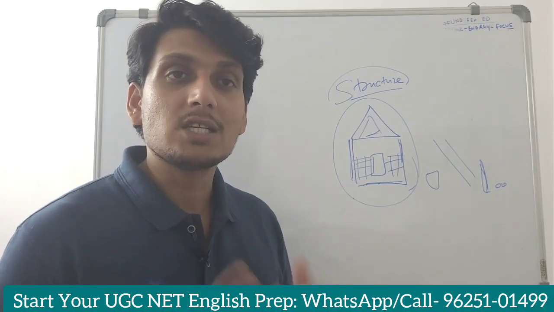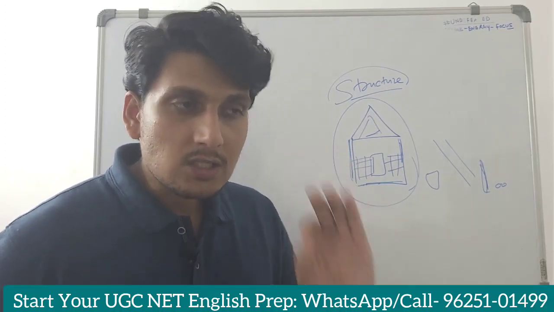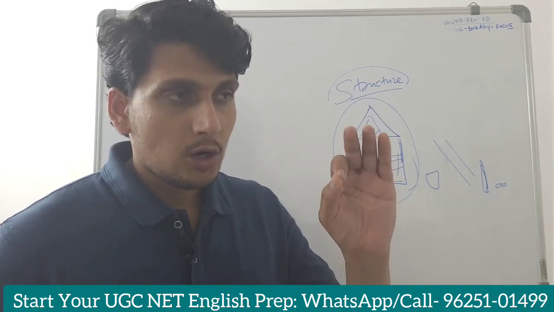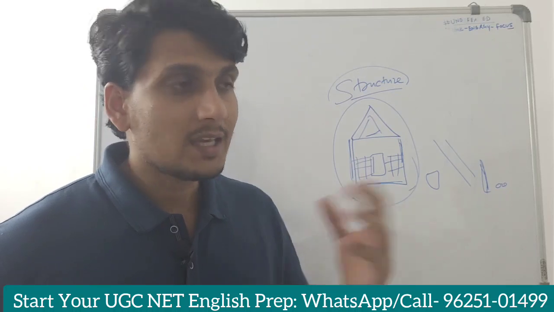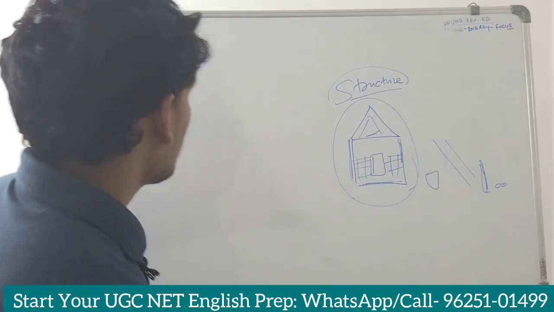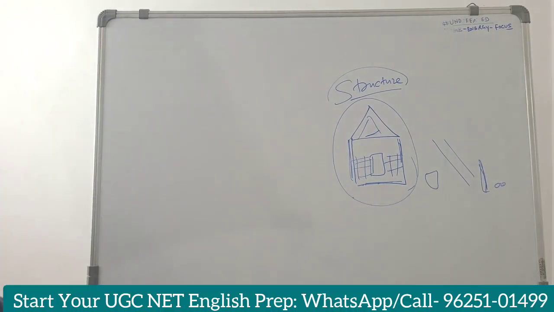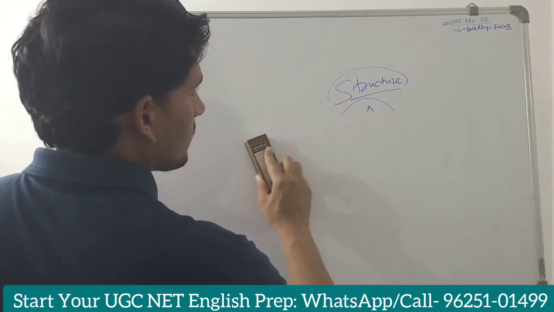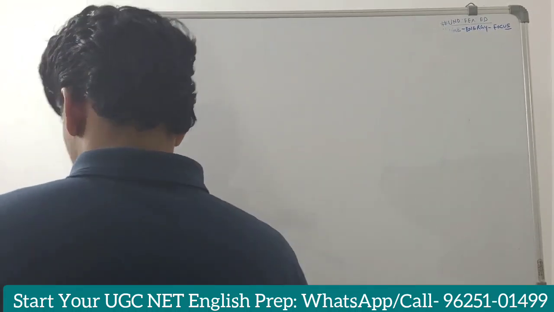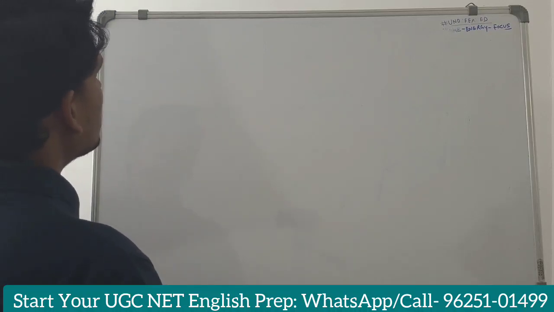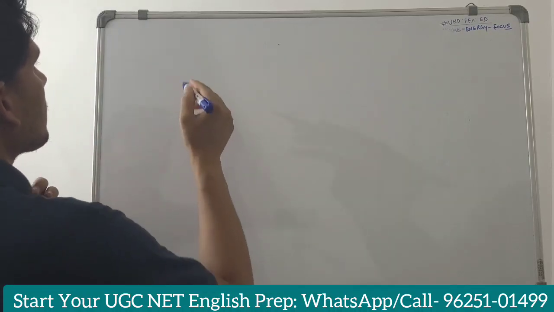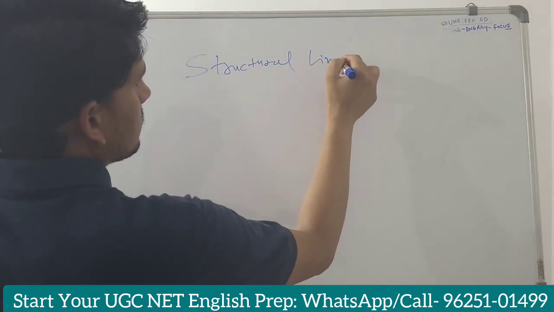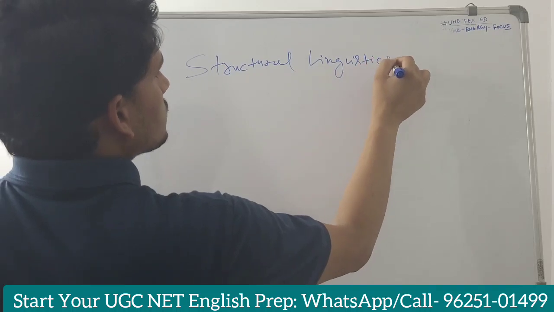So how did this theory of structuralism come into existence? The theory of structuralism was in its inchoate form, meaning it was half developed, when Ferdinand de Saussure came with his theory of structural linguistics.